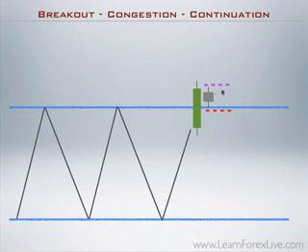Again, as the candle closes, we are going to place on our broker a buy stop pending order 5 pips above the high of that congestion candle. And our stop loss is just going to go 5 pips below the low of the candle.